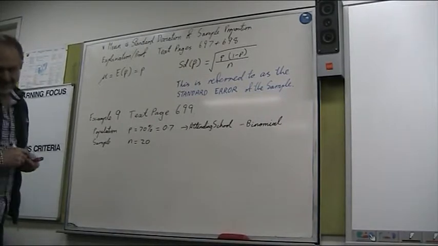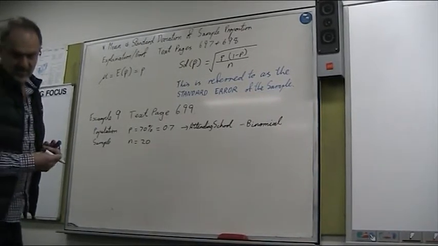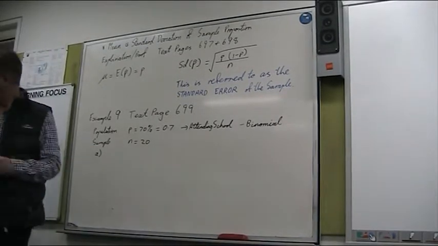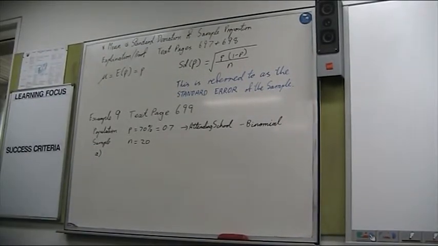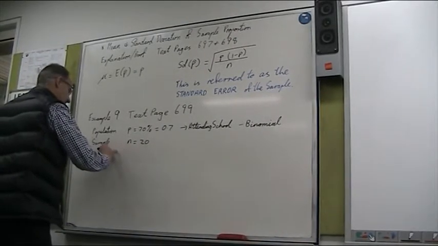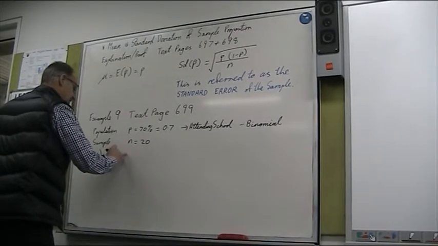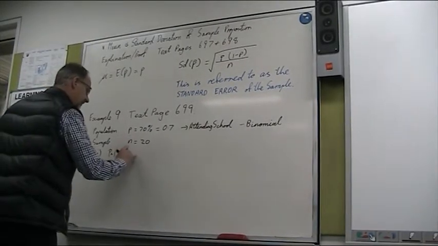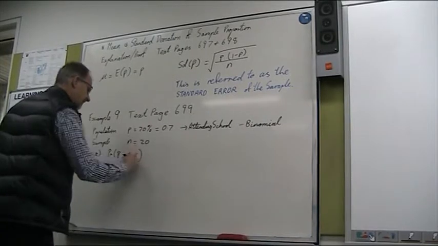All right, in part A, it says, what is the probability that the sample proportion is equal to the population proportion?